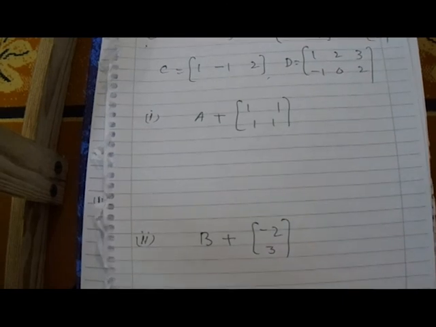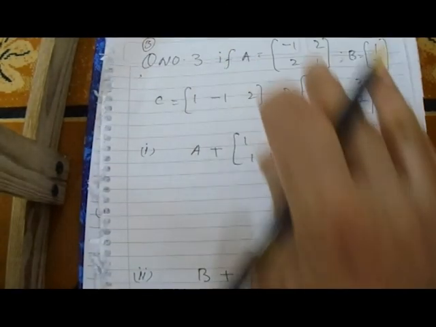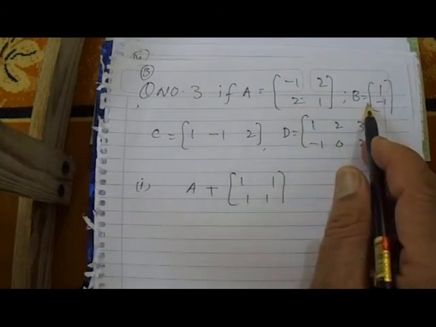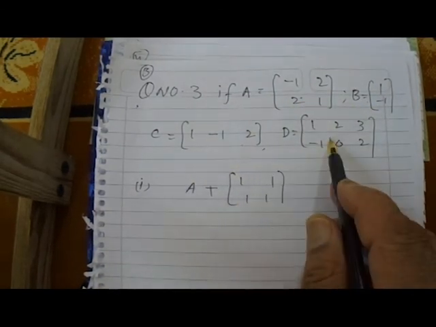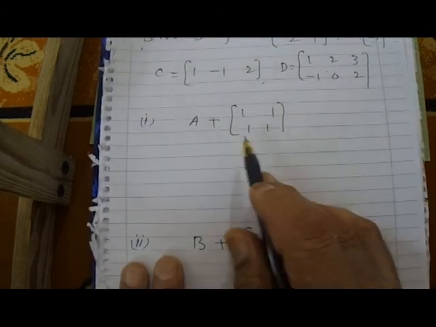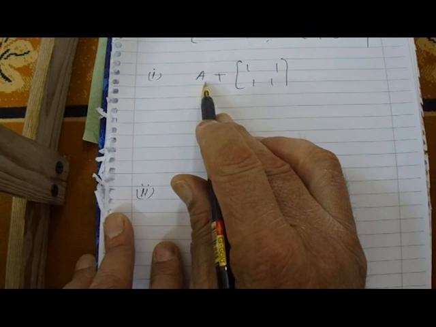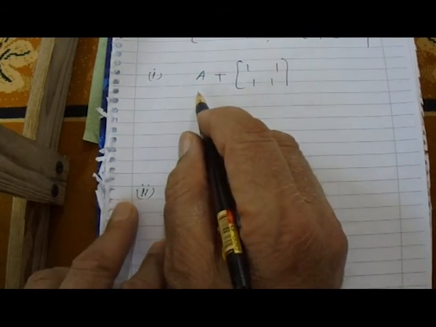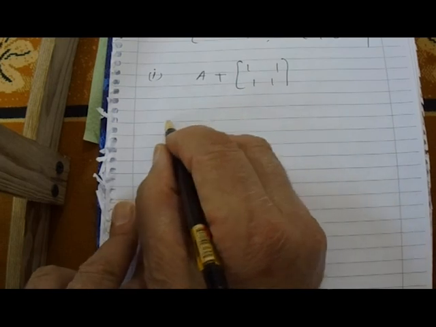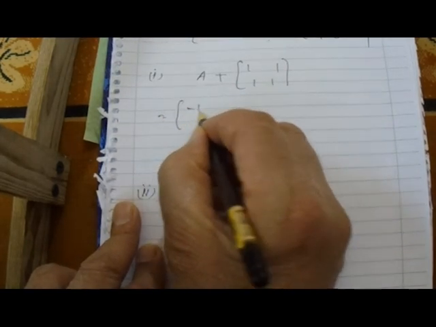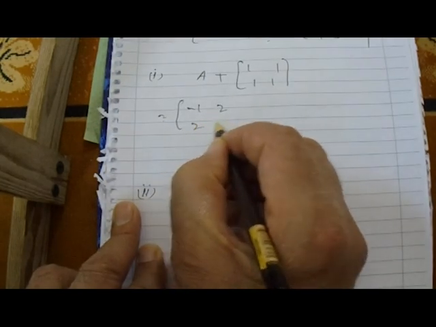Now question number 3 starts. Question number 3: if A is this matrix, B this matrix, C this matrix, and D this matrix, you find this. Now we put here A, and then we will add and get the answer. A matrix is given as minus 1, 2, and 2, 1.